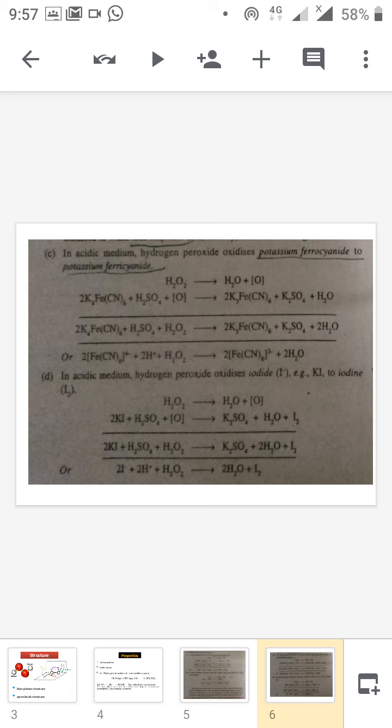That's all. So with potassium iodide, the first step is common: hydrogen peroxide decomposes to water and nascent oxygen. This nascent oxygen reacts with potassium iodide in the presence of sulfuric acid, and we will get K2SO4 plus iodine. So iodide is converted into iodine.